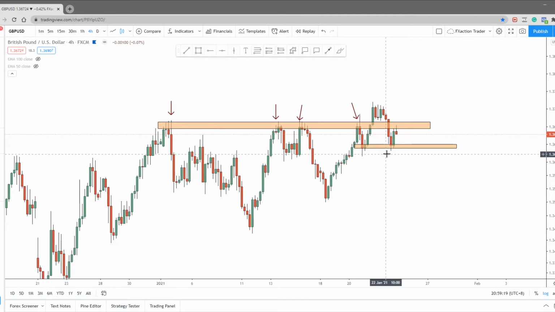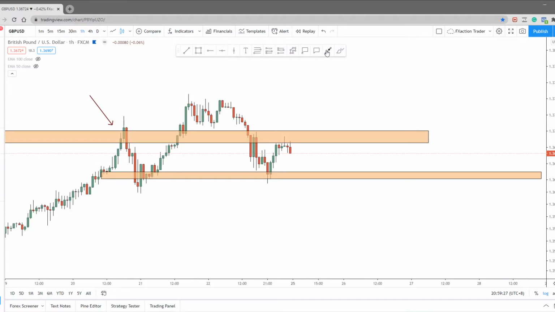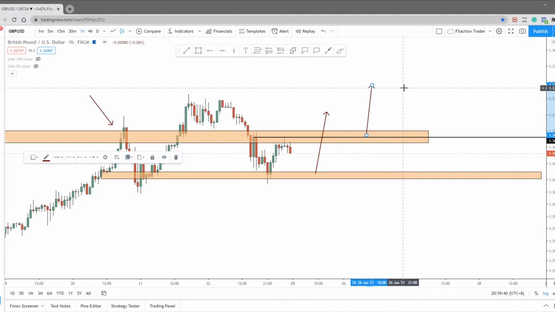If we scale down to H1, we can wait for a potential buy trade here, which is about 1.3647, or we can wait for market to break up this important level again, and then go for a buy trade.